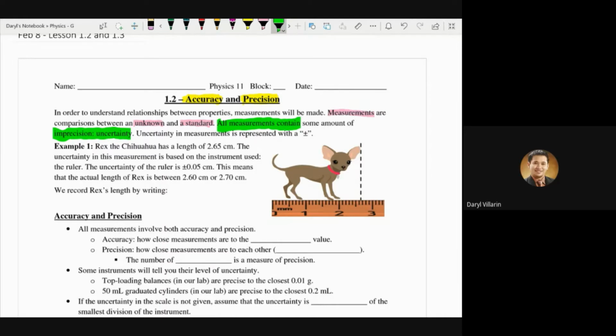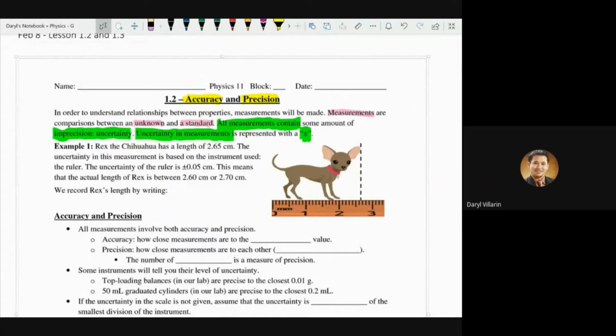Uncertainty in measurements is represented by a plus or minus. If you are fond of reading scientific papers, usually you can see results with a plus or minus sign, because that tells you the uncertainty of the measurement. Even if you're measuring the density of water in an experiment, the final answer should take into account that uncertainty.